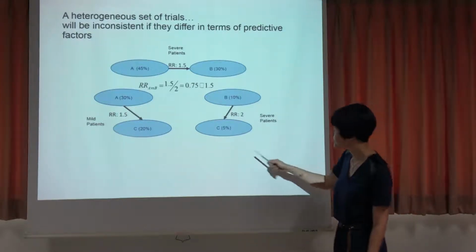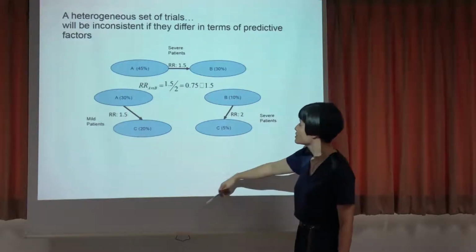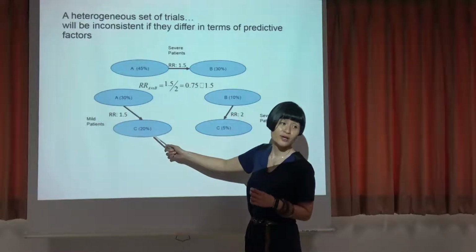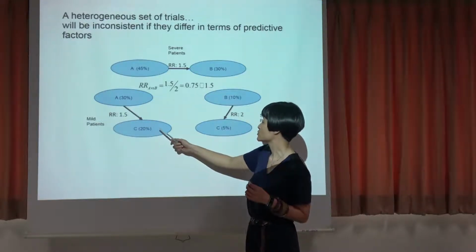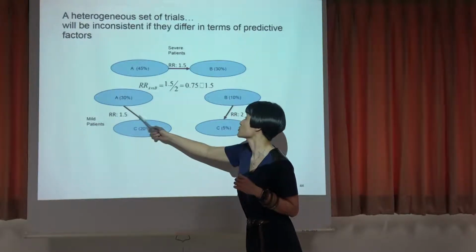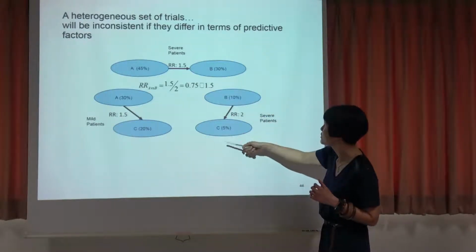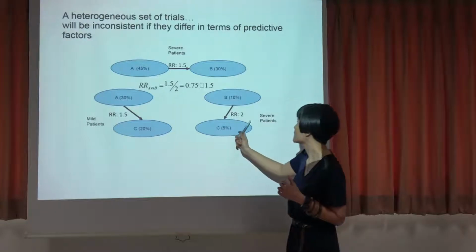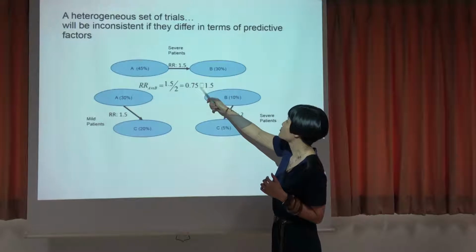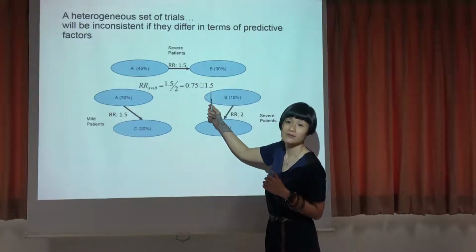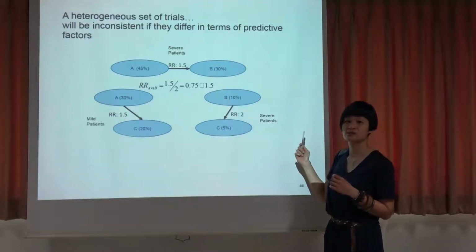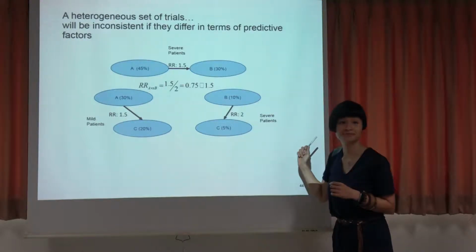So here, in this set of trials, A compared to C may give you a different relative risk to severe patients because the severity of the disease has a systematic impact on your treatment effect. Then, if you take the relative effect between these two, it will be 0.75, and that should not be equal to 1.5. So this is when your set of trials are not consistent. Okay?